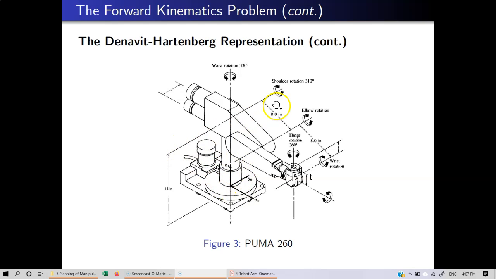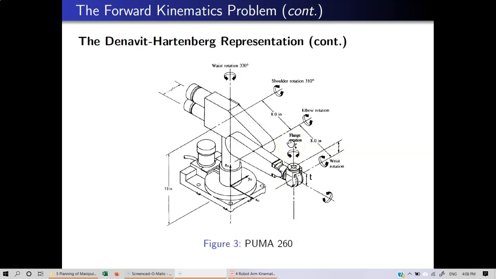This is the axis of rotation of joint 2, and this should be joint 2. This is the axis of rotation of joint 3. This is the axis of rotation of joint 4, and this is joint 4. This is joint 5 and its axis of rotation. And here we have joint number 6 and its axis of rotation.